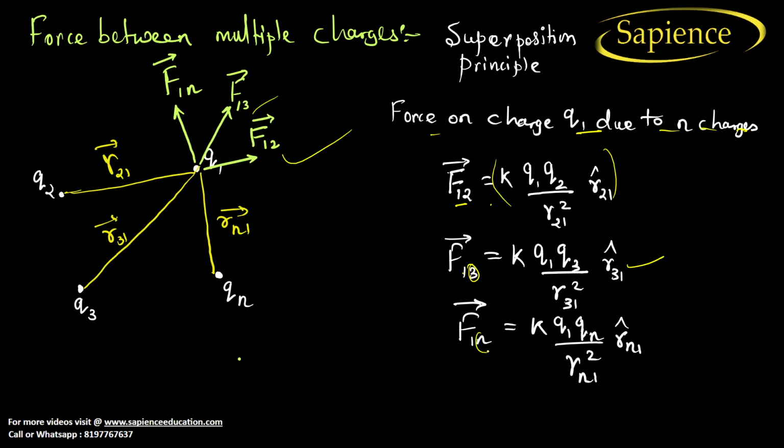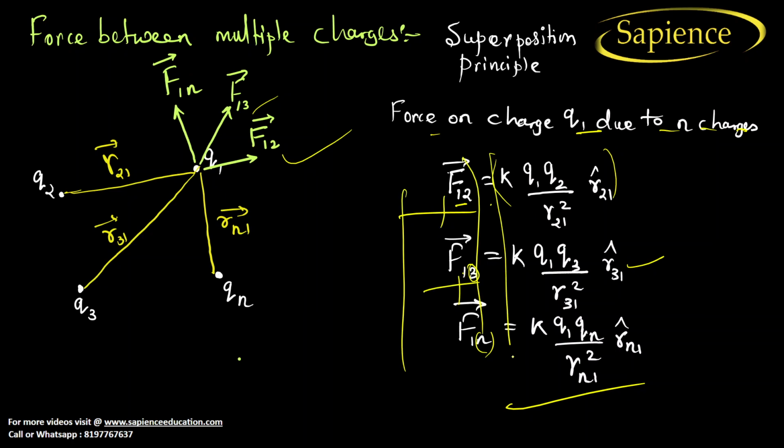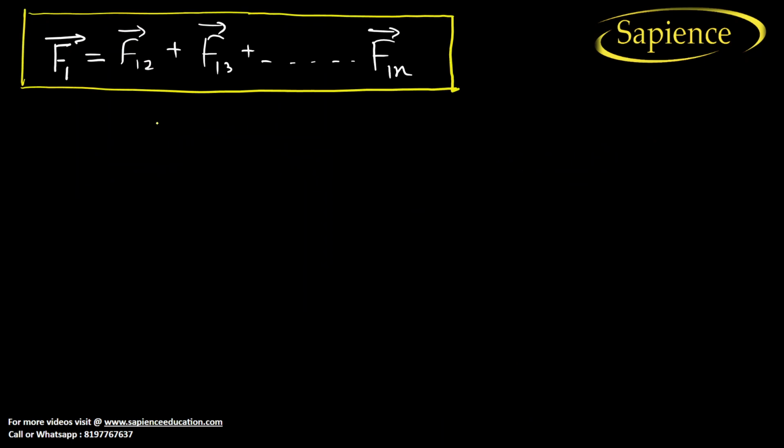Now force due to nth charge is equal to k q1 qn by rn1 whole square into rn1 cap. Now we will add all these forces vectorially. If you add these forces vectorially, you will get the force on charge 1, which can be written as F12 plus F13 plus F1n.